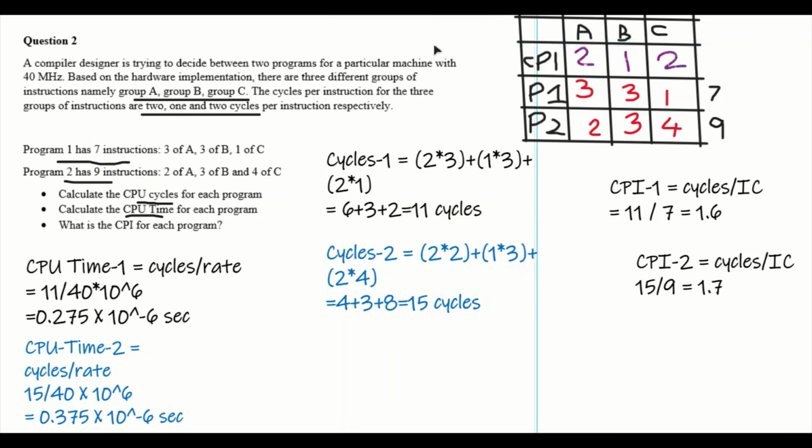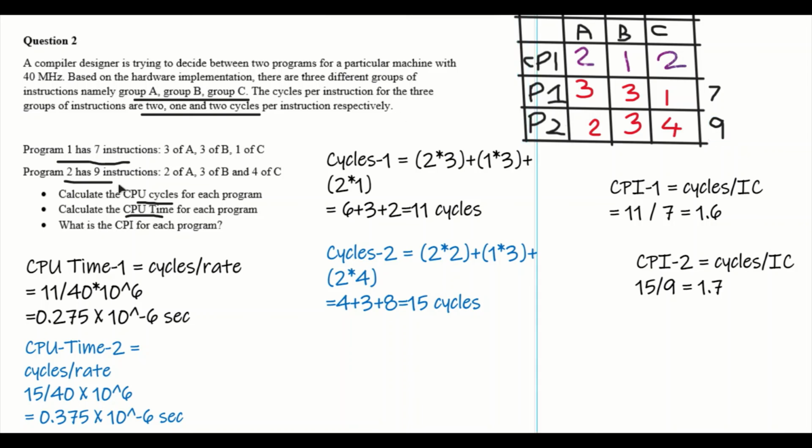What the paragraph says is the program contains 3 types of instruction: type A, type B, type C. The CPI of each type is given. For program 1, how many instructions are there for these 3 types? Totally there are 7 instructions. For program 2, totally we have 9 instructions.